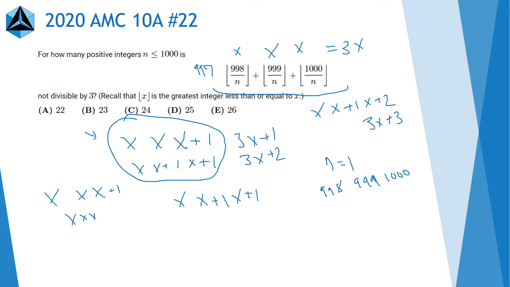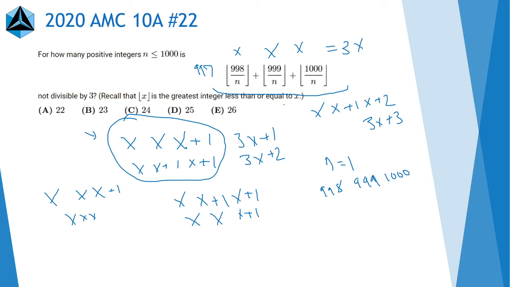And if n divides 1000, given it's not 1, the shift will occur here. And with respect to 1000, if 2 divides into 1000, you can see that this becomes 499, this also becomes 499, and this becomes 500. So n equals 2 does work here.